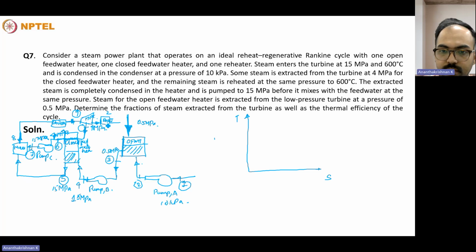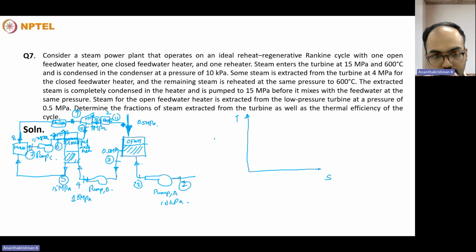So both of them will be at state point 10, and then this will also be at state point 10. This will become more clear when I try to draw it in a TS diagram. So 10, it goes into the boiler, gets heated up and becomes 11.